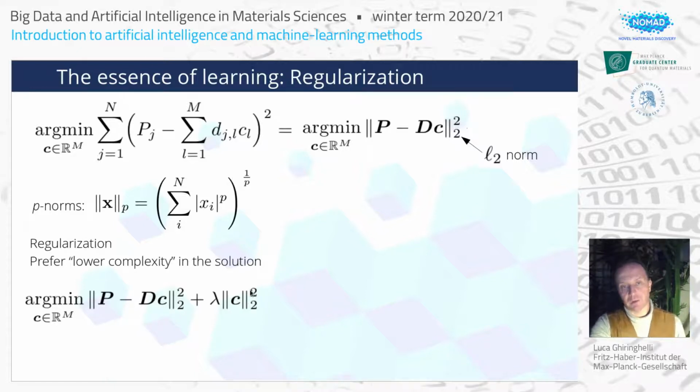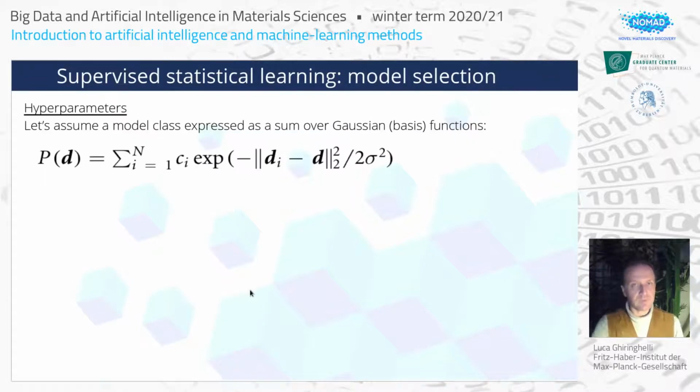So now let's imagine that I express my linear fit as a sum over Gaussian functions. At the moment it's not important why I do that. There are good reasons to do that, but let's just fix our mind to the fact that my property is expressed as a sum over Gaussian functions.